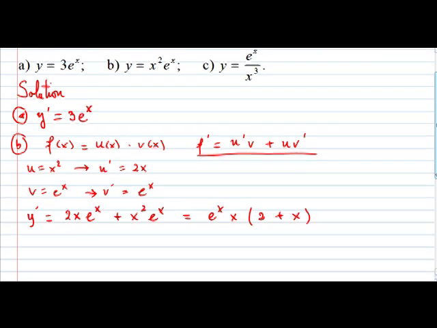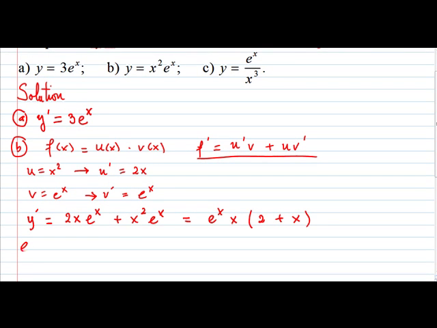C. y is e to the x over x to the cube. I have something of x divided by something of x, therefore I need to use the quotient rule. Okay, so let's remind ourselves of the quotient rule.